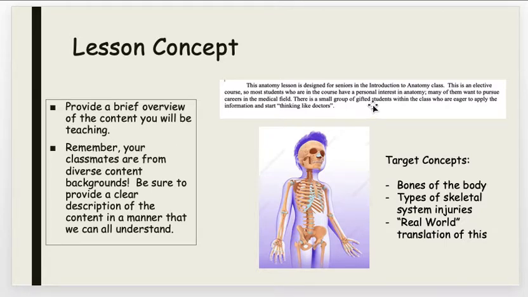Many of these students have a personal interest in medicine. They want to start thinking like doctors. So my target concept was reviewing the bones of the body, and they really wanted to focus on skeletal system injuries and what this might look like in the real world.